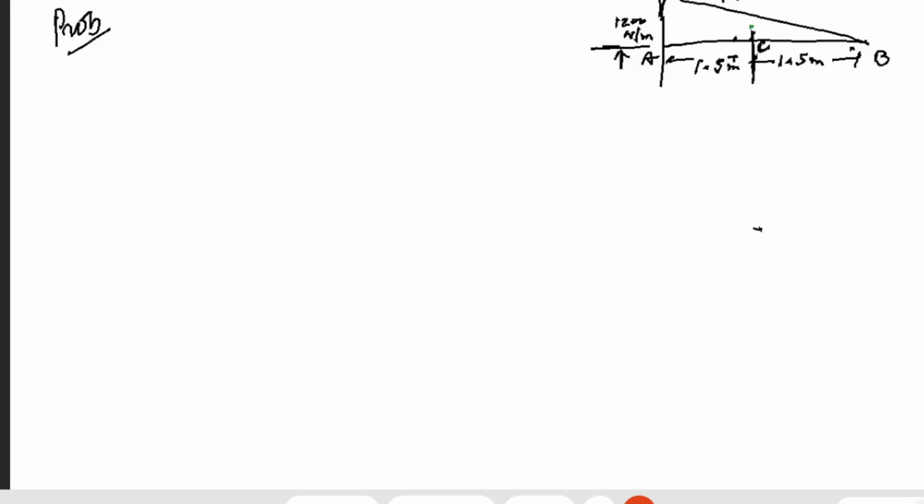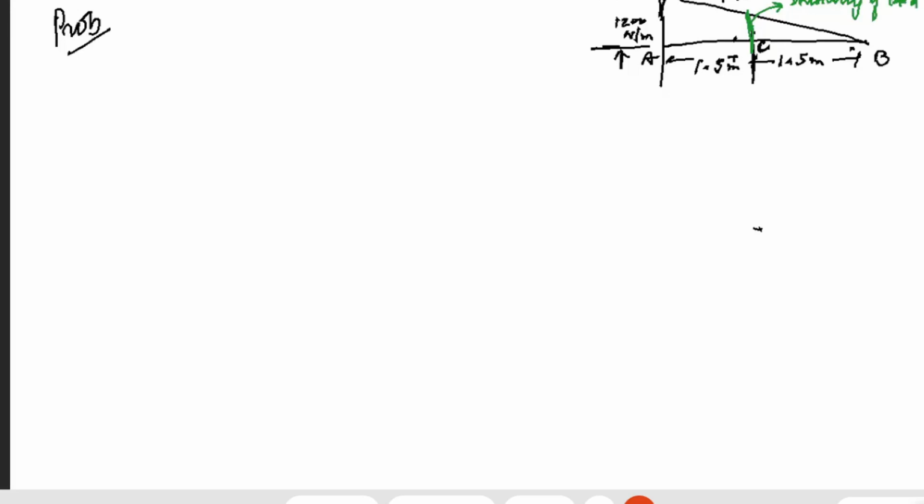Firstly, what we need to know here is the moment and shear force at point C, which is here. For that, I need to know the intensity of load at this point.